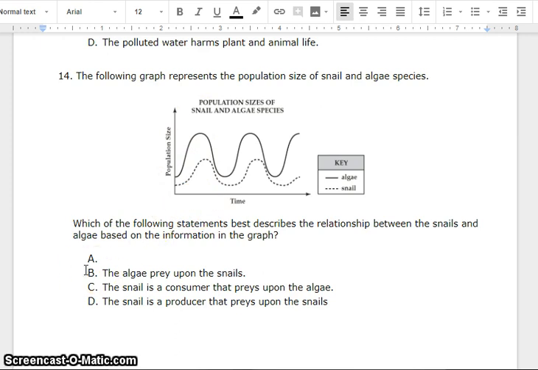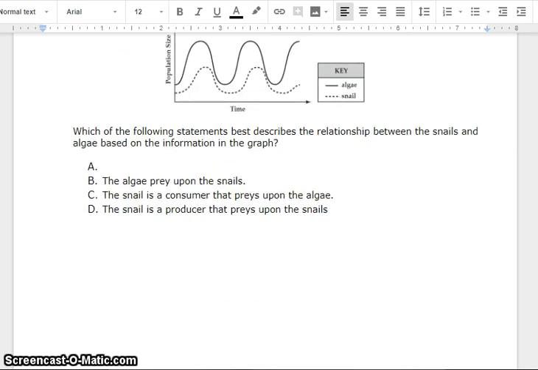B. The algae prey upon the snails. C. The snail is a consumer that preys upon the algae. Or D. The snail is a producer that preys upon algae. Which of those is true?